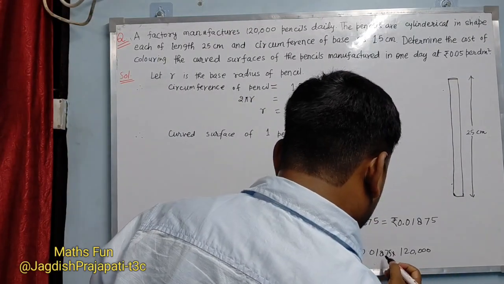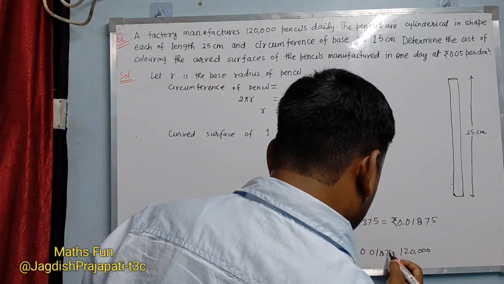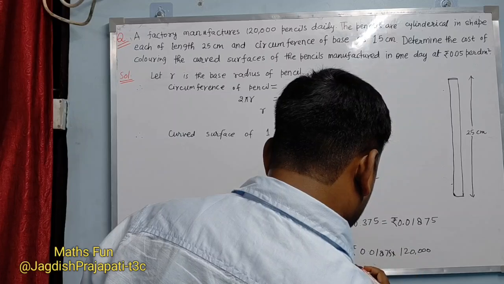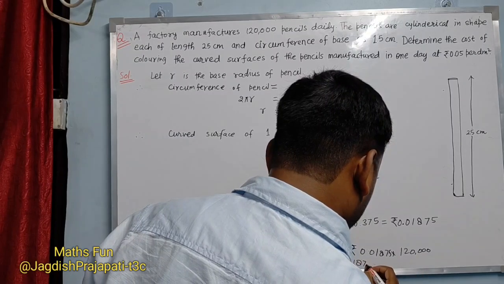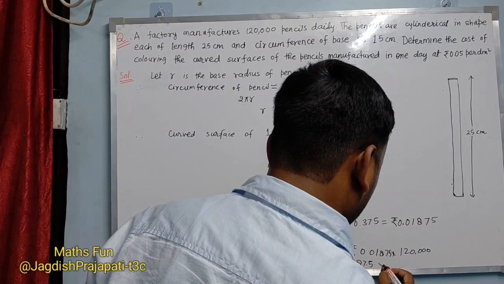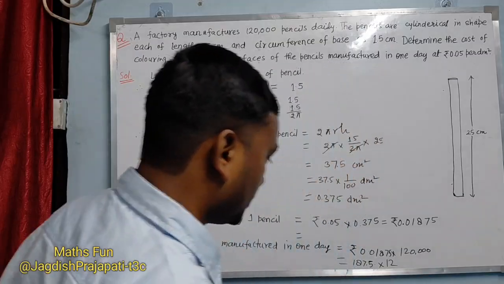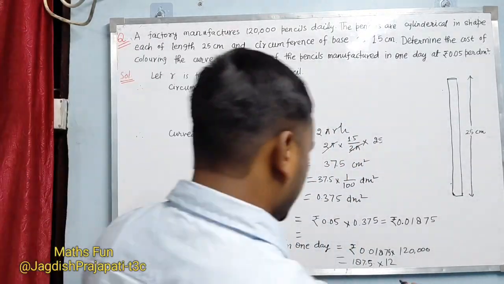There are 4 zeros, so this will be 187.5 into 12.